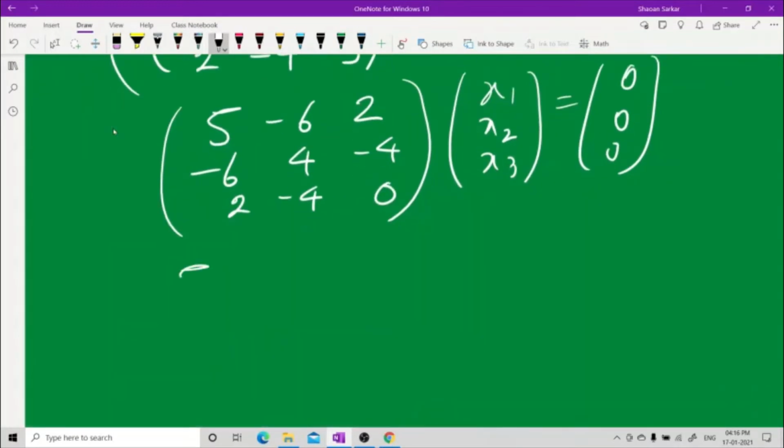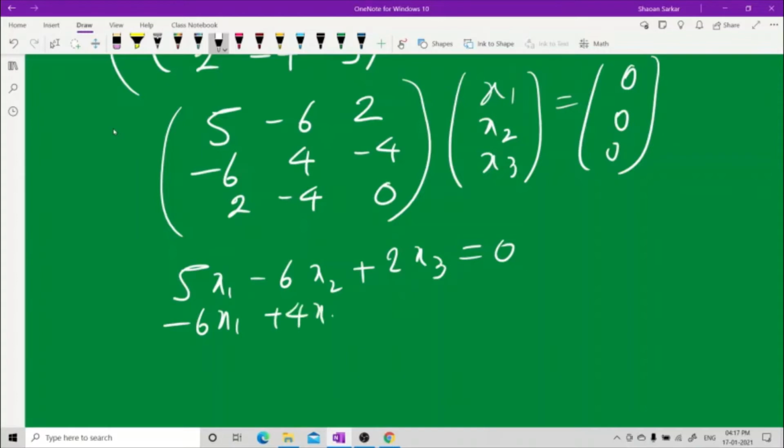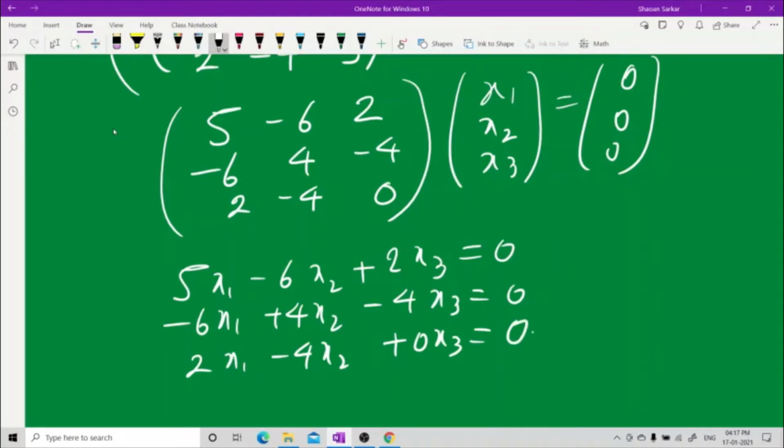I'm writing down 5x1 minus 6x2 plus 2x3 equal to 0, minus 6x1 plus 4x2 minus 4x3 equal to 0, and then 2x1 minus 4x2 plus 0x3 equal to 0. If I take these two equations also, no problem. But I'm taking these two equations, this and this, and I am writing again.